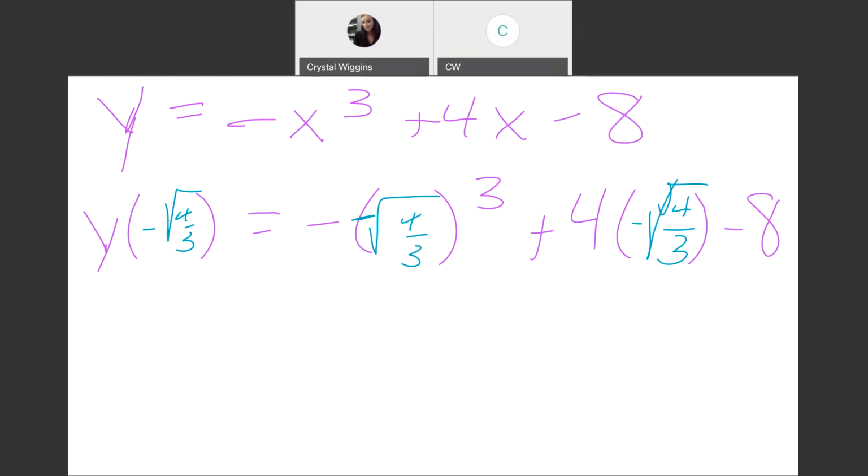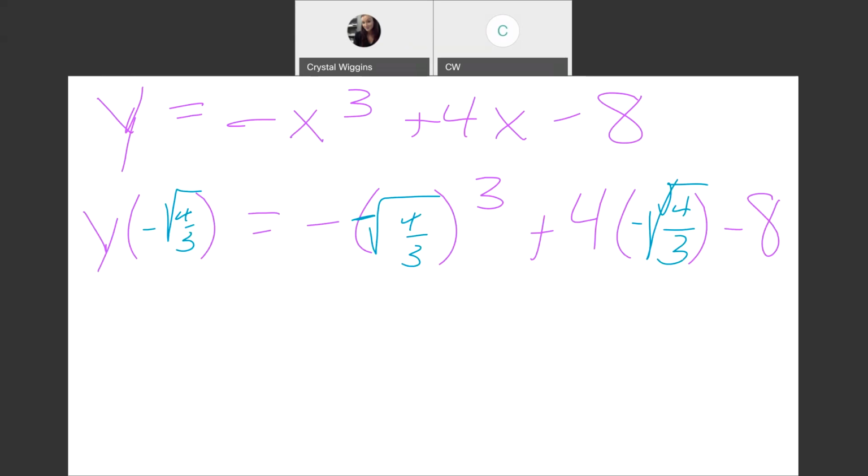Then parentheses, negative square root of 4 divided by 3. Close the parentheses and cube it. Raise it to the third power. Plus 4 times negative, again, square root of 4 divided by 3 minus 8.